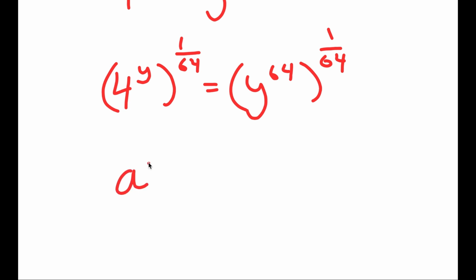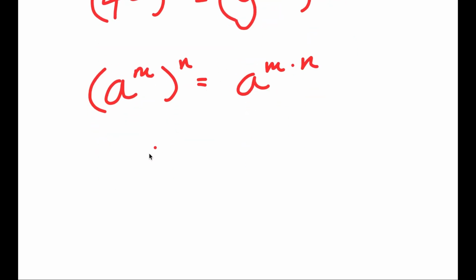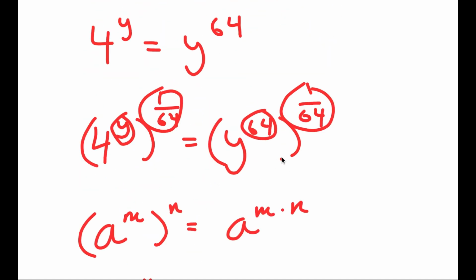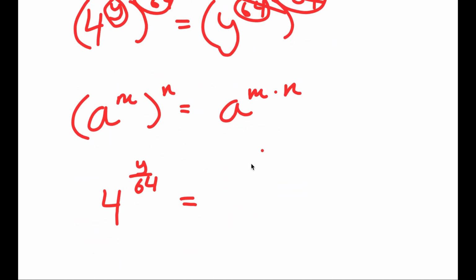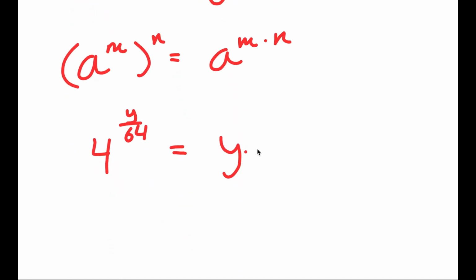Now, if I have something in the form a to the power of m to the power of n, this is equal to a to the power of m times n, meaning these two multiply and these two multiply. So I get 4 to the power of y over 64 is equal to, these two simply just cancel out, so y, just y.